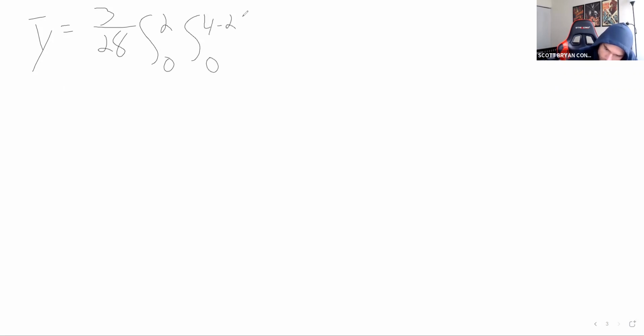And then really quickly, let me do the y coordinate. So the y coordinate is, of course, 1 over the population times, I'll just write it out. So 1 over the population and the integral over the region of y times the density, which is 1 plus 2x.